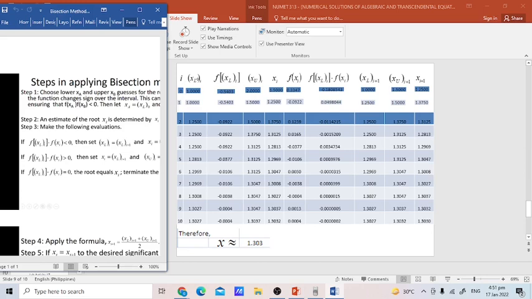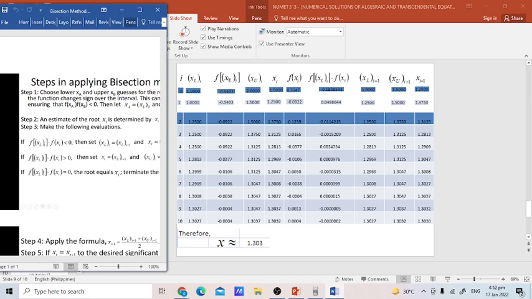When i is 1, x sub l sub 1, 1 siya. Magre-reflect dito sa second row. Ito yung second row. So, kung 1 ito, 1 din ito. Okay? So, madali ito using Excel pagka naintindihan nyo yung process. No? And then, we have the function.